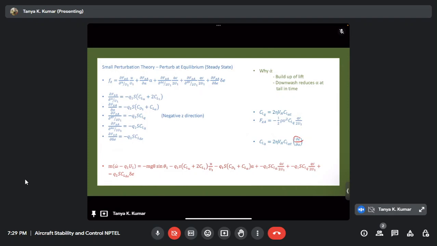Wingtip vortices, do all of these ring any bells? You had epsilon is epsilon naught plus dou epsilon by dou alpha into alpha. Do you remember this equation?